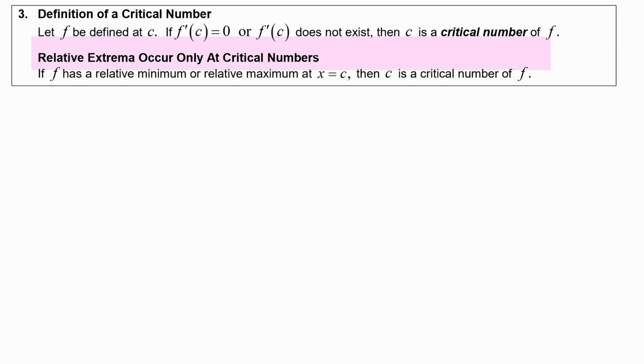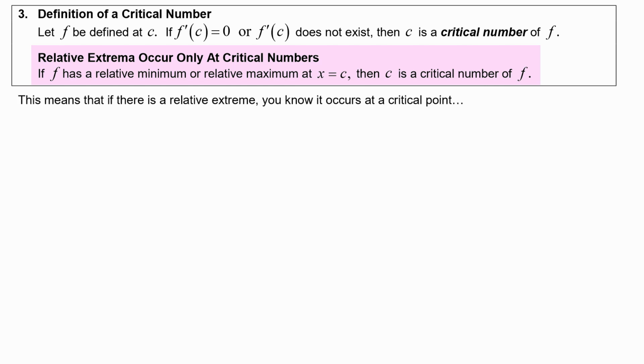As we've observed, relative extrema occur only at critical numbers. If f has a relative minimum or relative maximum at x equals c, then c is a critical number of f. So this means that if there is a relative extreme, you know it occurs at a critical point.